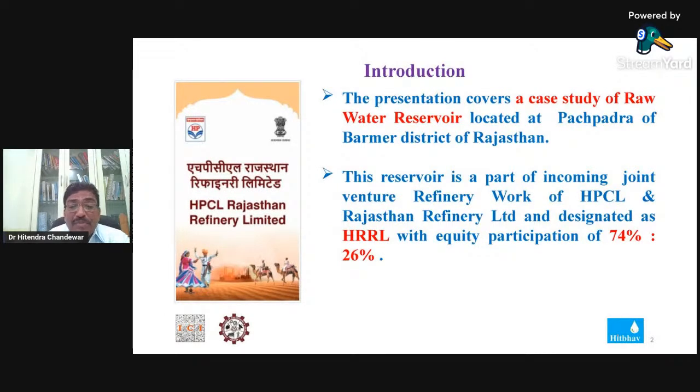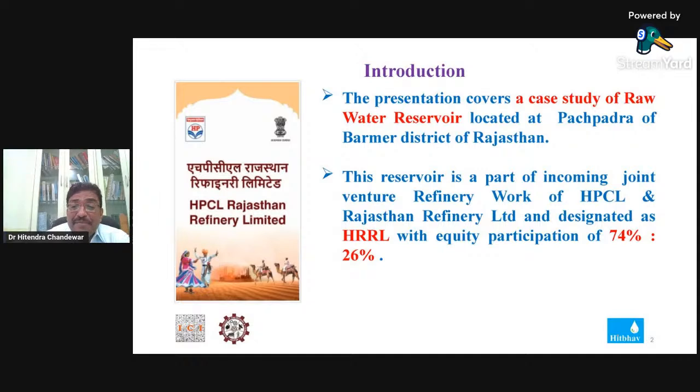Basically, HPCL, Hindustan Petroleum, and Rajasthan Refinery Limited have entered a joint venture, and they are coming up with one mega petrochemical project in Rajasthan, which is located at Taluka Pachpadra, district Barmer of Rajasthan.